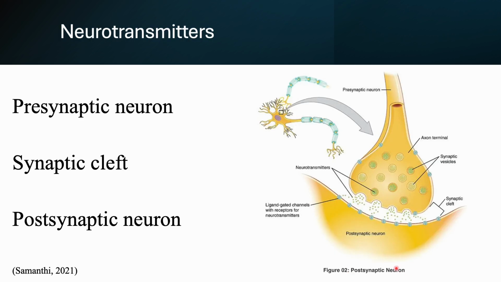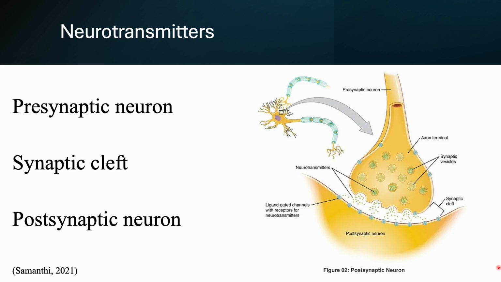Most synapses communicate through chemical messengers. Other synapses are electrical. In these synapses, ions flow directly between cells. Typically, chemical transmission involves the release of chemical messengers called neurotransmitters. Neurotransmitters will carry information from the presynaptic or sending neuron to the postsynaptic, the receiving neuron.